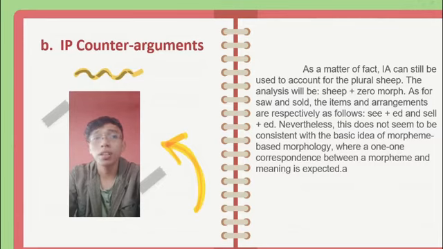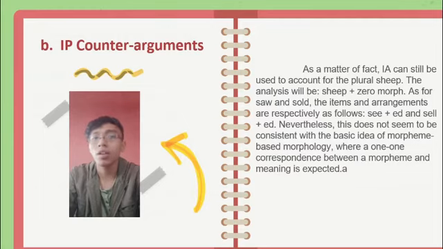There is no similar sort of arrangement in saw, sheep, and sold. As a result, IA turned out to be ineffective in dealing with irregular forms such as saw, sheep, and sold.